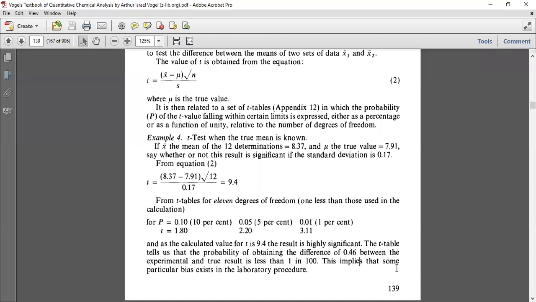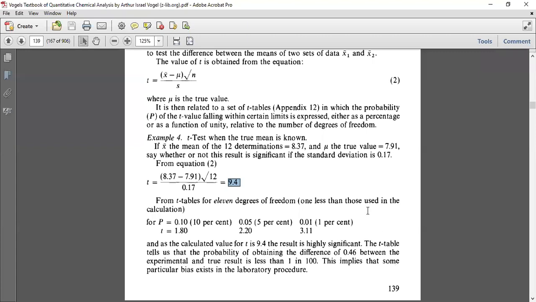And this implies that some particular bias exists in the laboratory procedure. So what conclusion can we draw from this? Maybe one person is wrong, or maybe some bias exists in the laboratory procedure. Means revision is required. Whatever experiment we have done, we have to revise it so that it will fit the student's t-test. So according to that, you will justify this t-test value. 9.4, you have to compare.